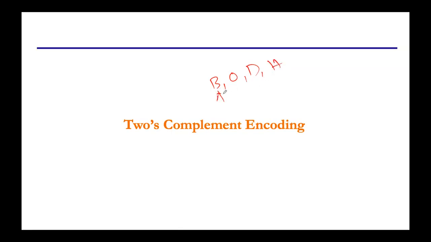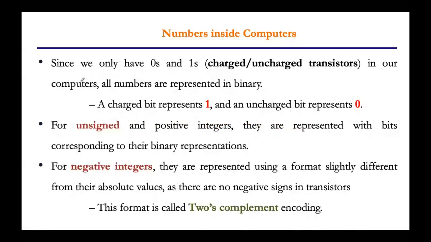Then we focused on binary addition, subtraction, and multiplication. But in the hardware execution part, it uses signed numbers and unsigned numbers. Up to now, we just discussed unsigned numbers. If there are signed numbers, then it requires a complement encoding procedure, which we call two's complement. Let us see what this two's complement is.